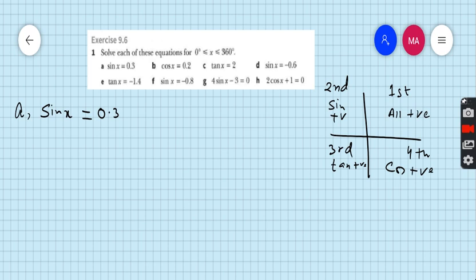What is the angle in this question? The angle is x, so we have to find the value of x. Very easy. Just shift this sine to the other side. This is sine inverse. With the help of a calculator, which must be in degree mode, find the value of sine inverse 0.3. The answer is 17.5 degrees.